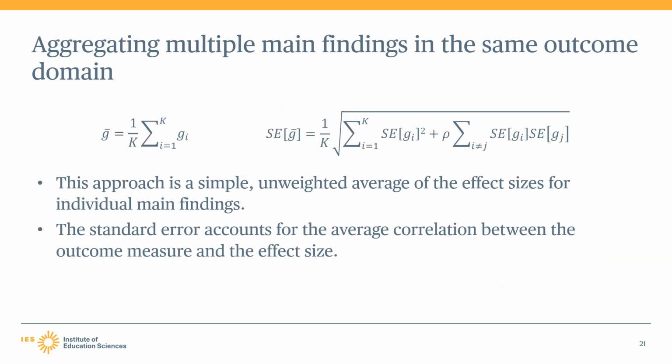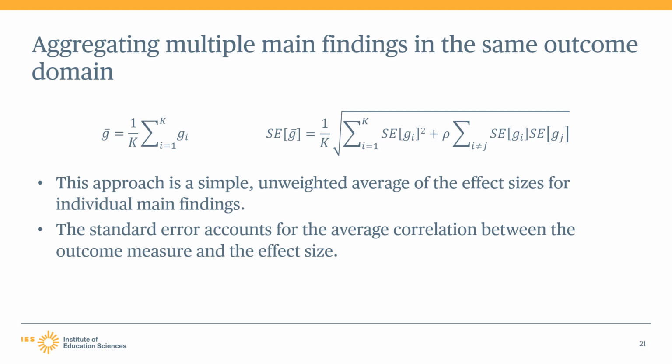This slide shows the formulas that the WWC uses to aggregate multiple main findings in the same outcome domain in order to calculate the domain-level average effect size and its statistical significance. This approach calculates the simple, unweighted average of the effect sizes for the individual main findings within an outcome domain, as well as a standard error for the domain-level effect size that accounts for the average correlation between the outcome measures.